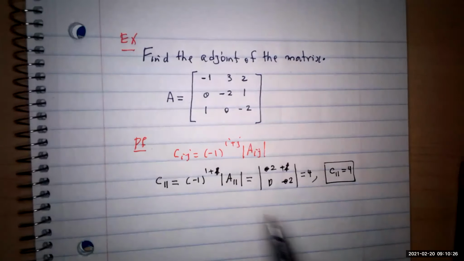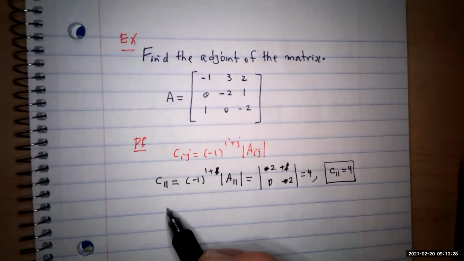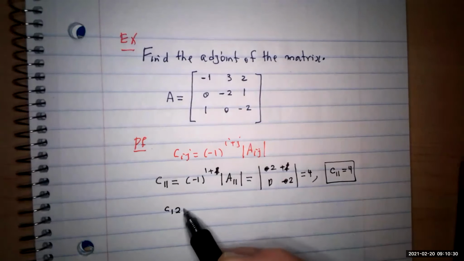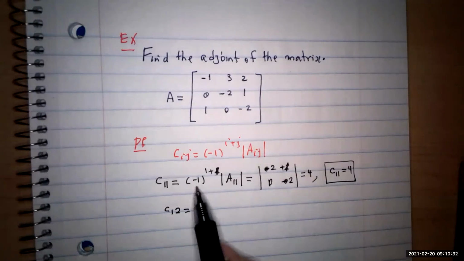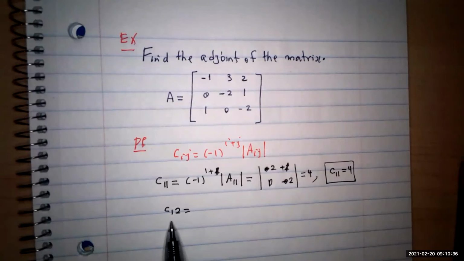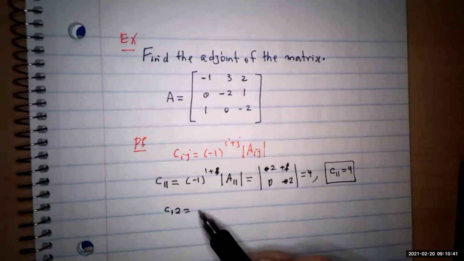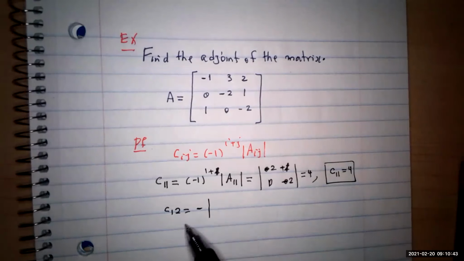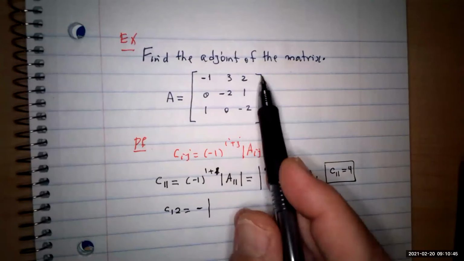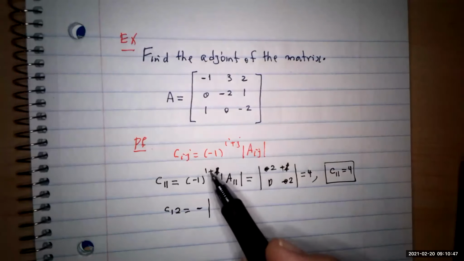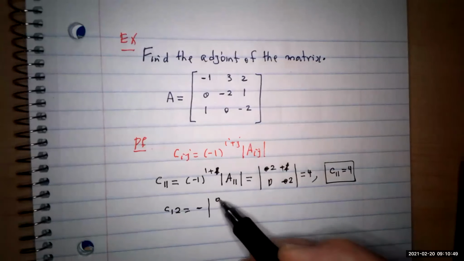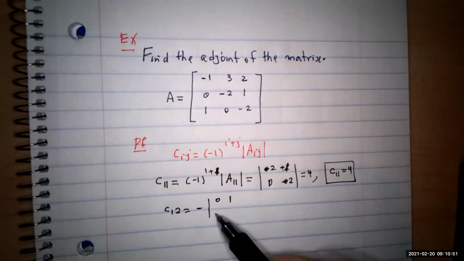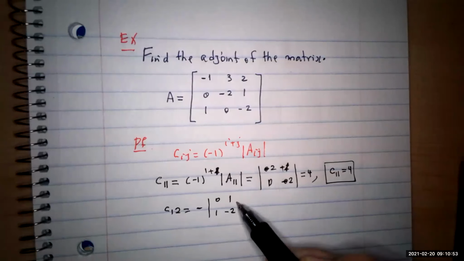Then we get the other one. We can do it quickly. If we find C12, negative 1 plus 2 would be 3, so C12 is going to be negative the determinant. You eliminate the first row, second column, and the matrix is going to be 0, 1, 1, and negative 2.